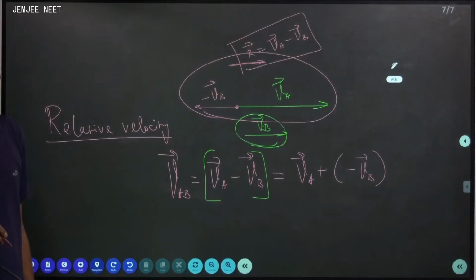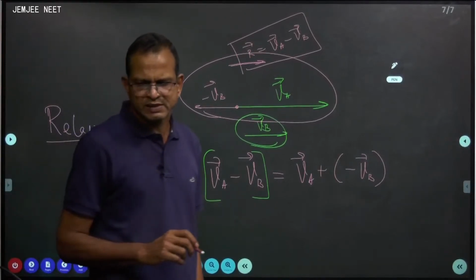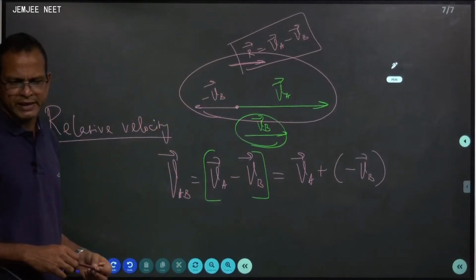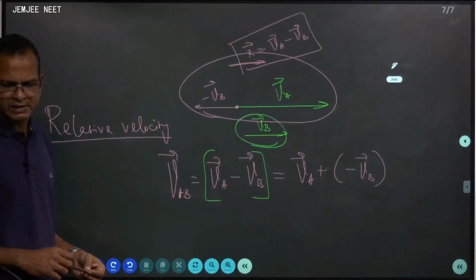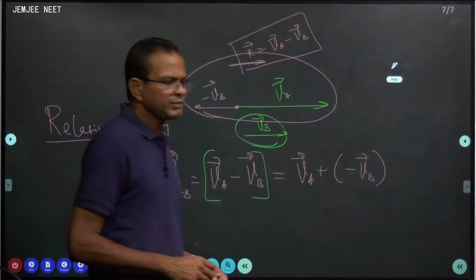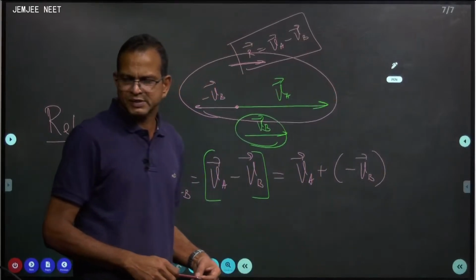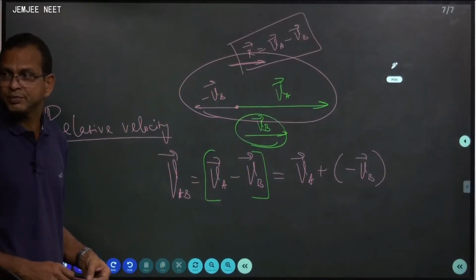Pawan says the board is not visible. YouTube students, please tell me, is the board visible or not? Please check it. Is it okay now, or any issue with YouTube?